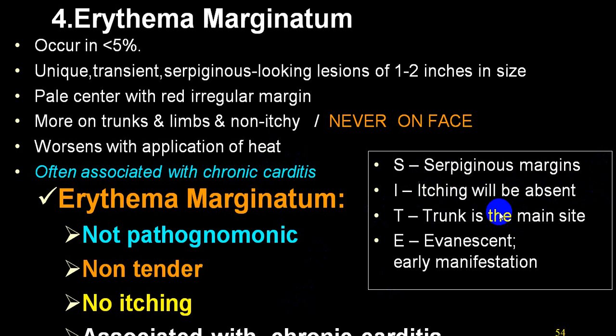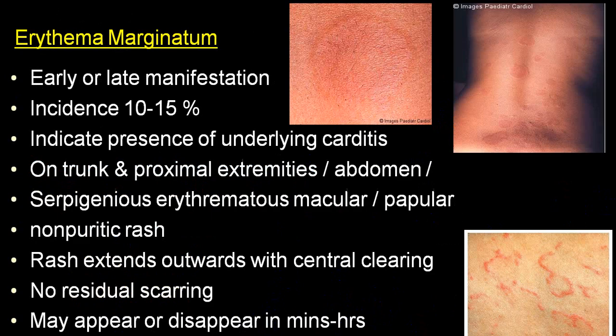Main site is trunk, and E is evanescent, early manifestation. So this will disappear within a very short period, and it is very frequently associated with carditis. But as it is lasting for a very short period, good number of times it is missed.